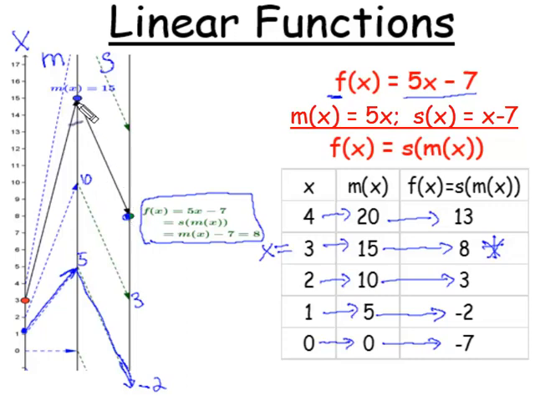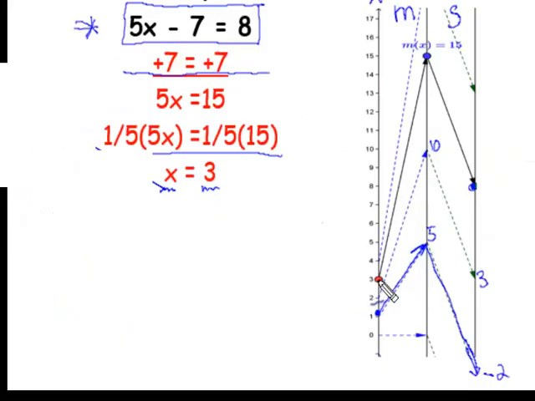Then we trace back from the 15 to find out which x gave us m of x equal to 15. And so we come back along the arrow and find the number 3, tracing back from the 8 to the value of x that gave us that result in the mapping diagram and finding the number 3.